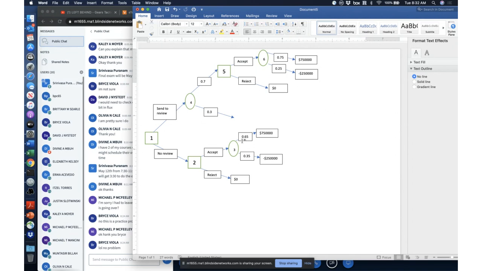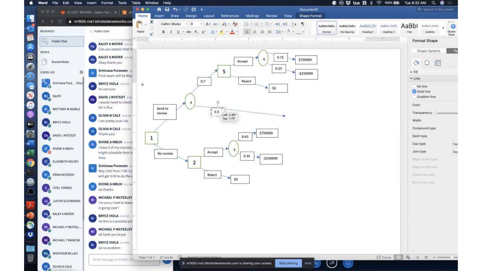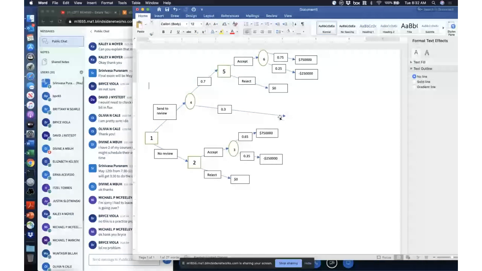Now, there's also the possibility that the review will come out to be negative, that the person reviewing it will say that the textbook is not good enough, in which case, again, this whole decision tree will now get replicated here. You still have to make a decision on whether to accept or to reject the textbook.